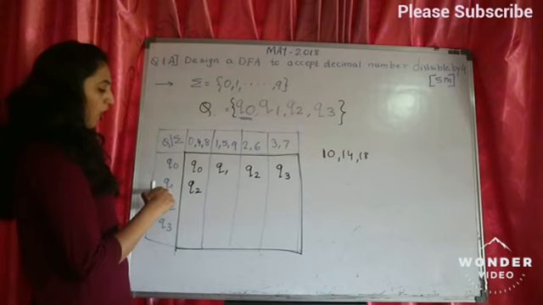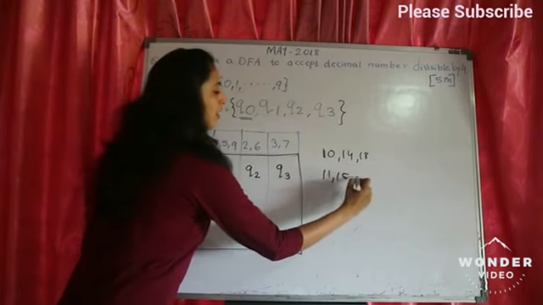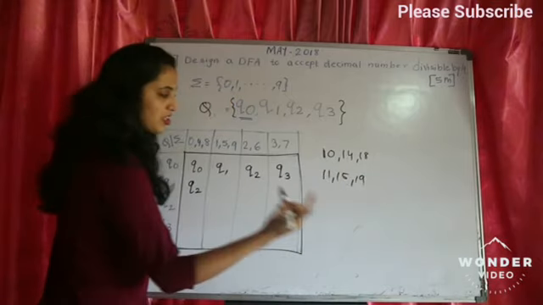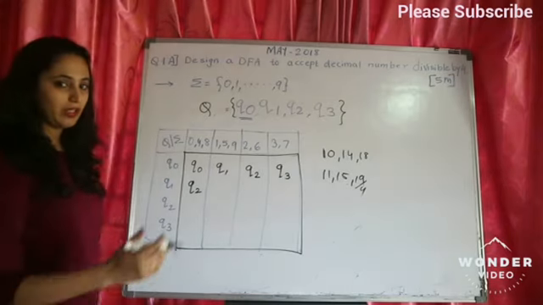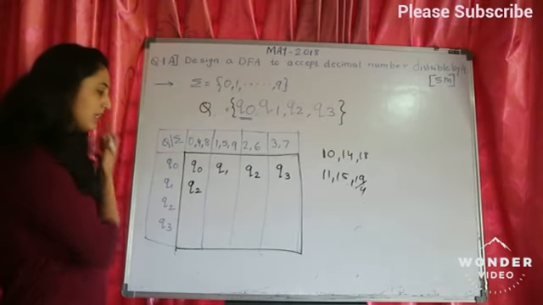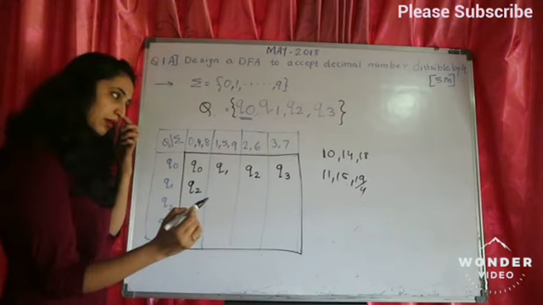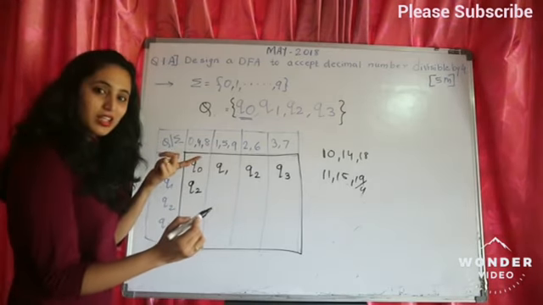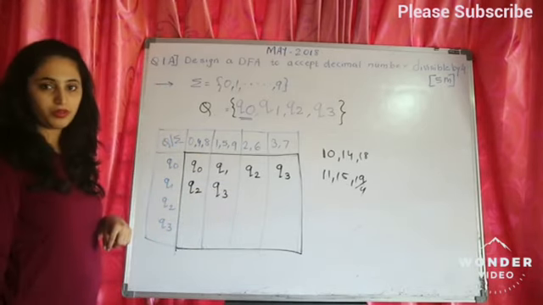Next, on Q1 if I get 1, 5, 9, that means on 1 if I get 1, 5 and 9, the number becomes 11, 15, 19. If I divide 19 by 4, the remainder is 3. 4 fours are 16, and 17, 18, 19, so the remainder is 3, that is Q3.